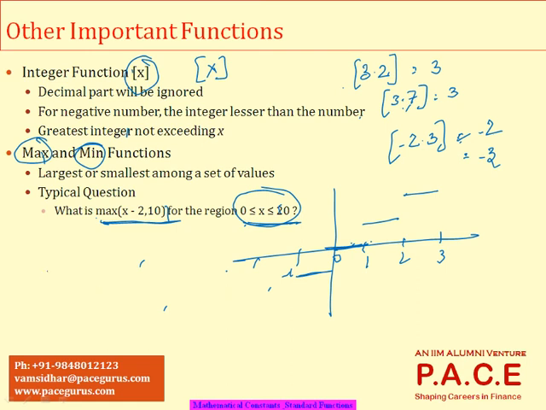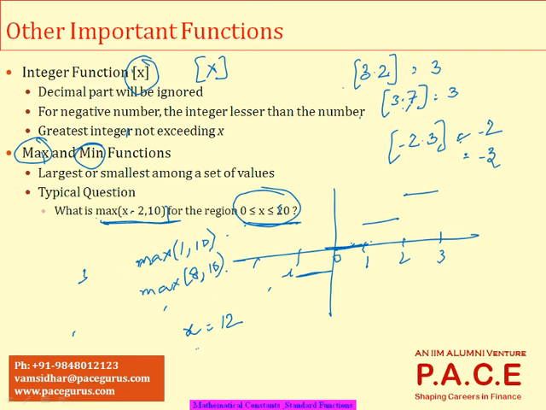If x equals 3, it's 3 minus 2 and 10, so maximum of 1 comma 10, definitely 10. Similarly, if x is 10, it is maximum of 8 comma 10, which is still 10. How long? Until x equals 12. If x equals 12, it's maximum of 10 comma 10, which is still 10.